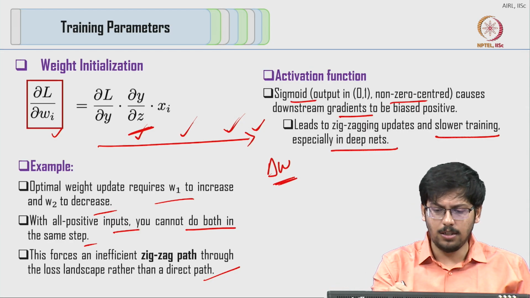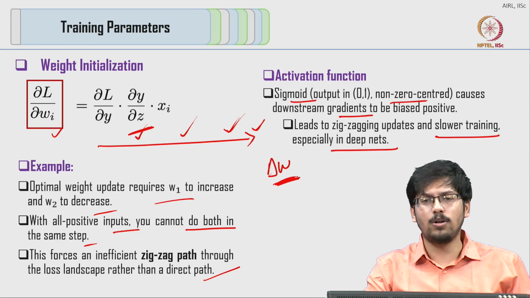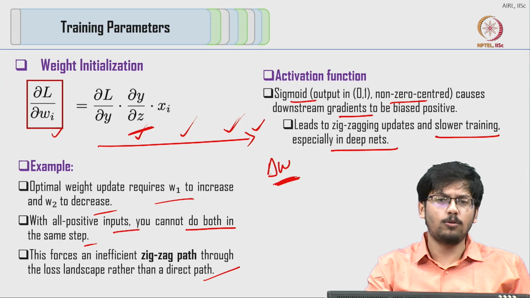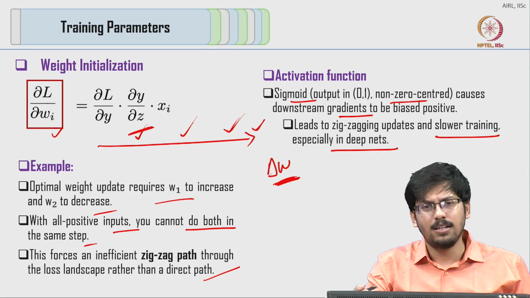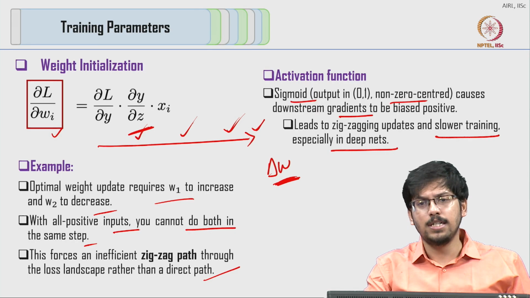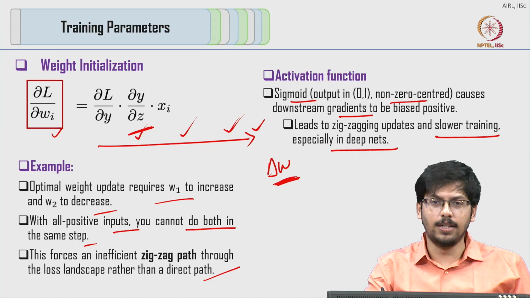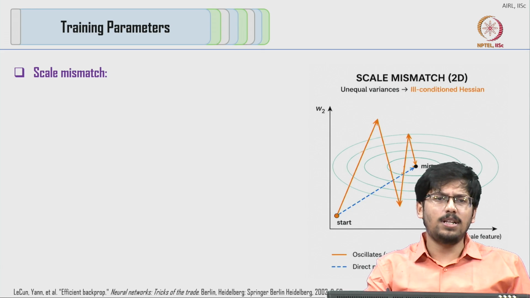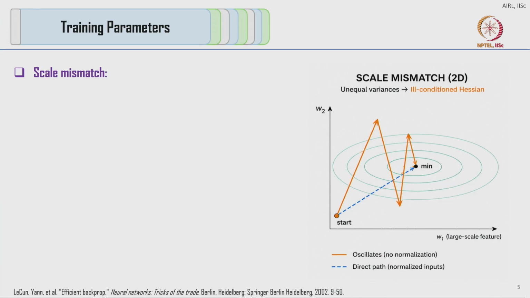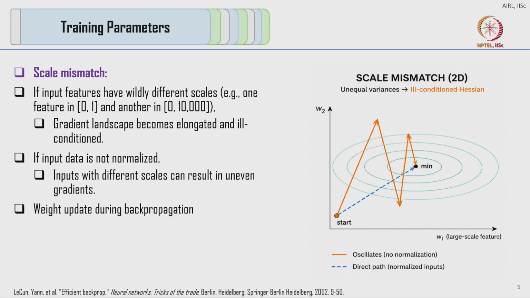So, the update of delta W towards the shallower part of the backbone would be very minute, and hence activation functions should be chosen in such a way that they do not negatively influence the learning.